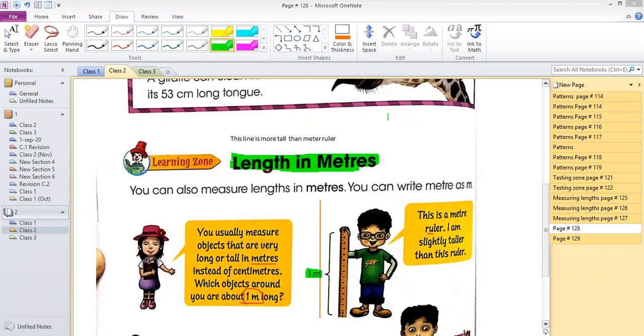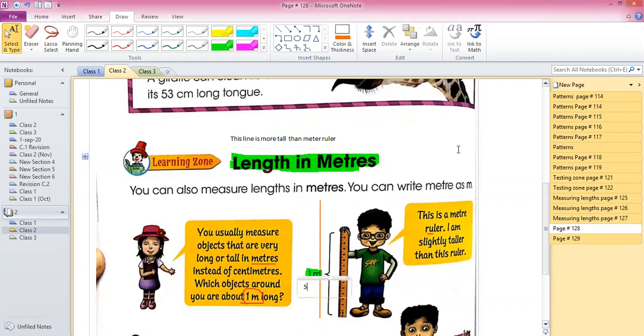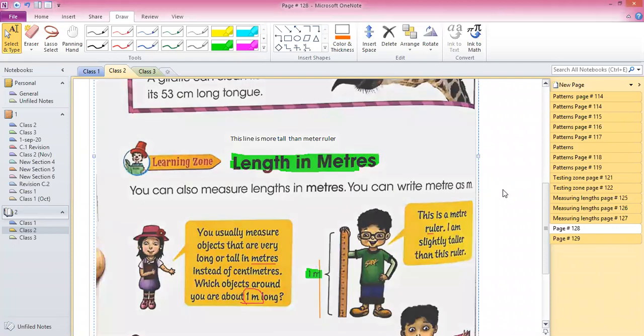Okay, let's suppose I change the length of the line, the height of the line. Now, in this situation, if you see guys, this line is now shorter than 1 meter. This ruler height is this and this line is reaching up to here.